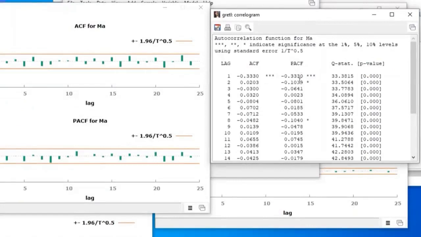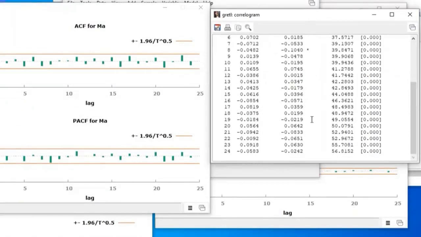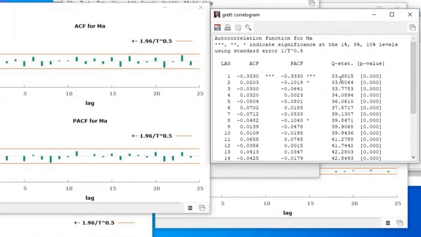The second PACF is significant at the 10% level, and here is another one also, a marginal significance. And we know the Q stats are all significant. That means the autocorrelation coefficients as a whole are not equal to 0. We have this significant spike.